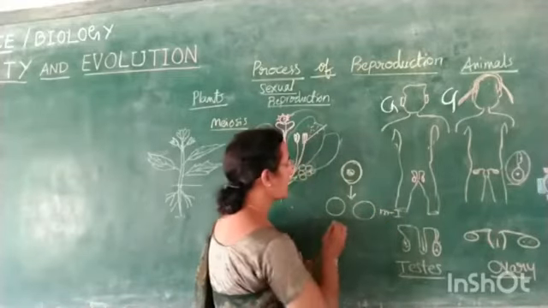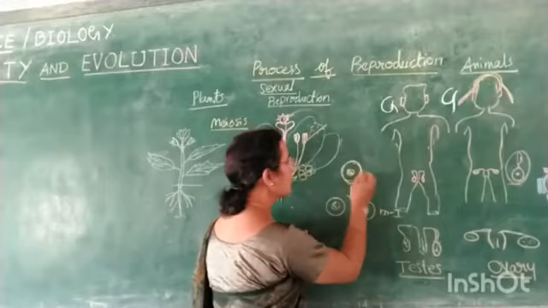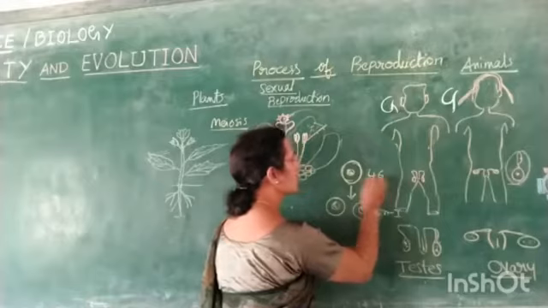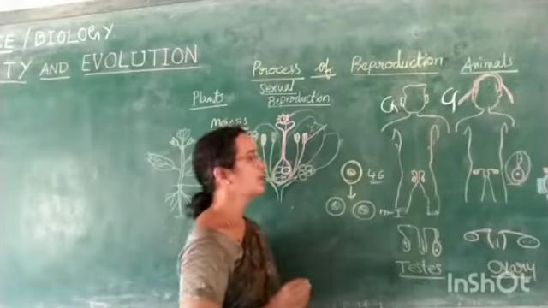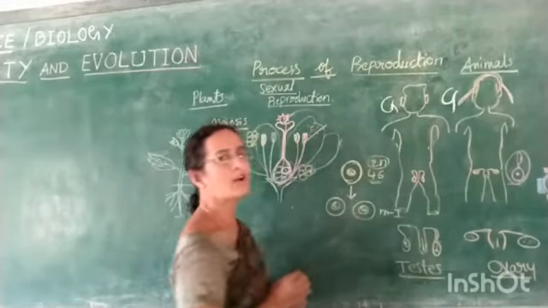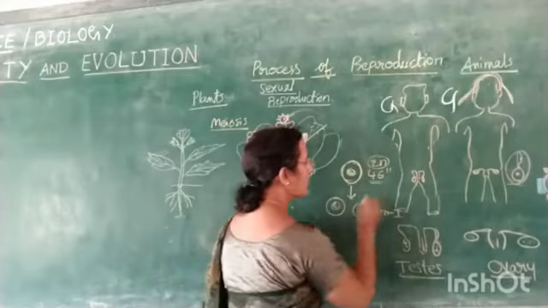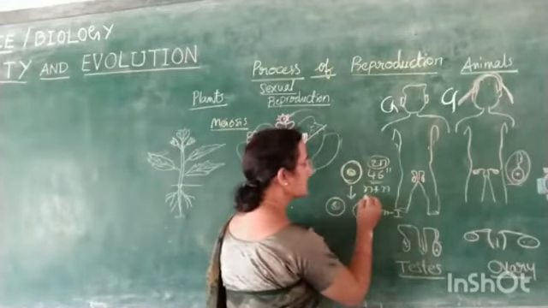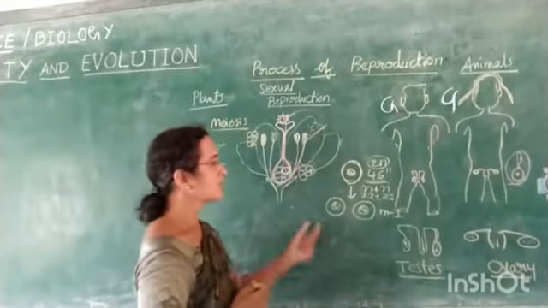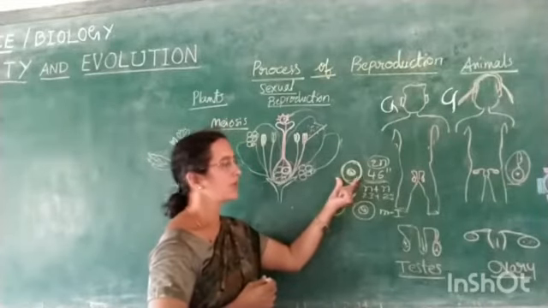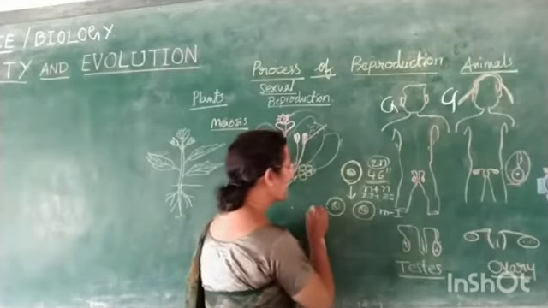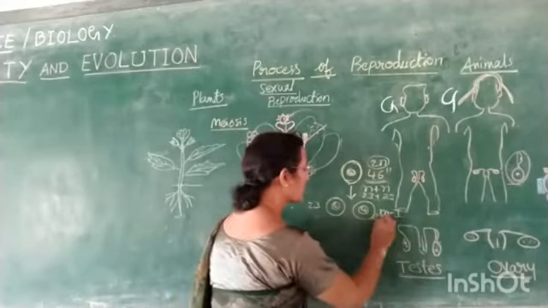In human beings, how many chromosomes are there? There are 46 chromosomes in the human reproductive cell. If I consider 2n equal to 46, it means n plus n, that is 23 plus 23, resulting in 46 chromosomes. When a reproductive cell undergoes meiotic cell division, it forms two cells, each having 23 chromosomes.